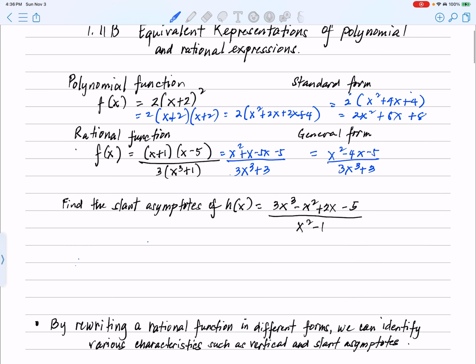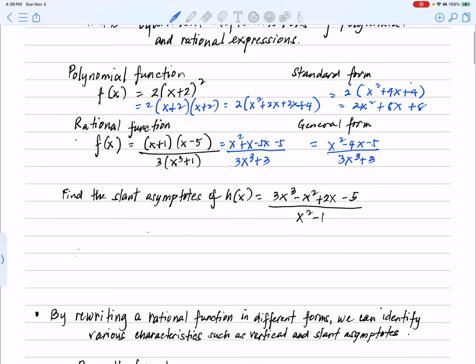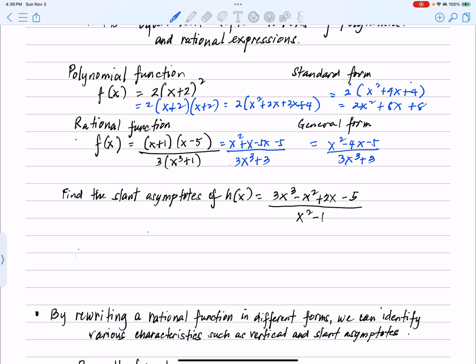Rational functions can also be rewritten in various forms to expose different characteristics, and this includes the asymptotes: the vertical, the horizontal, and the slant asymptotes. We have shown that in the previous video.